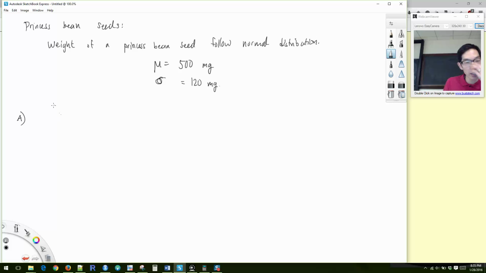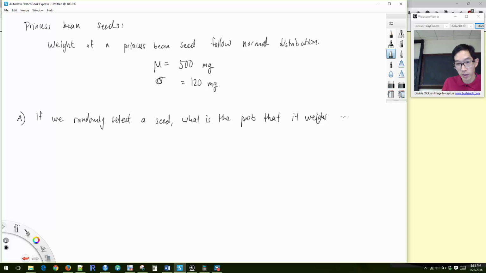A, if we randomly select a seed, what is the probability that it weighs more than 600 milligrams? Okay, so that's part A.